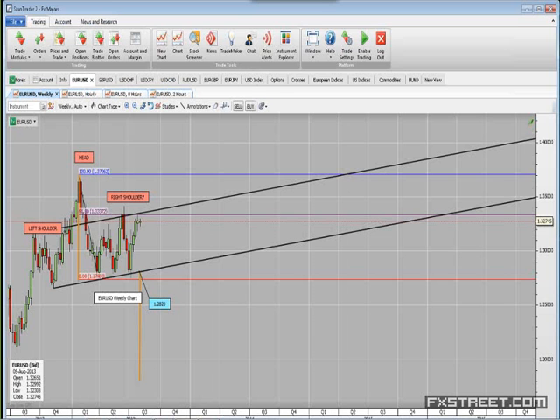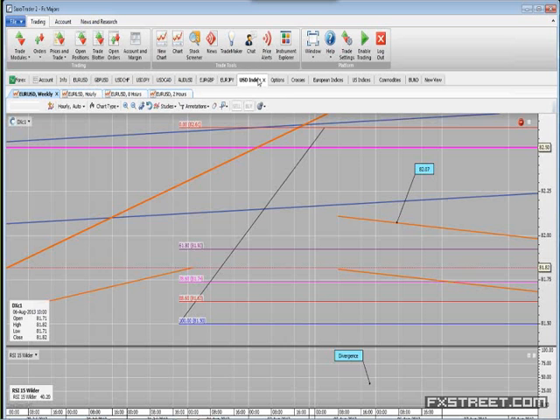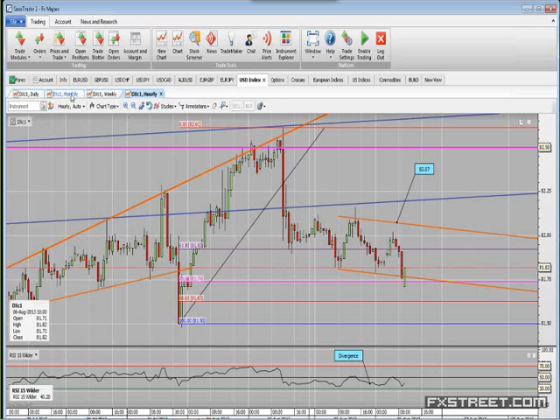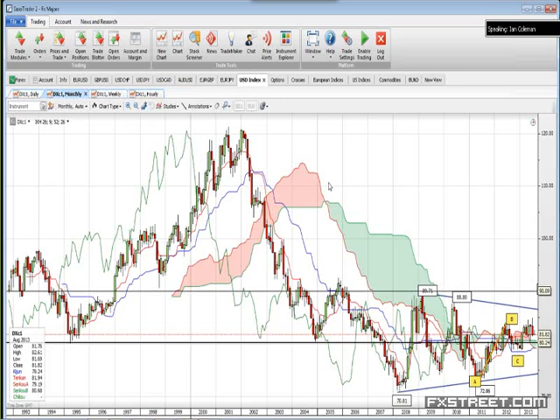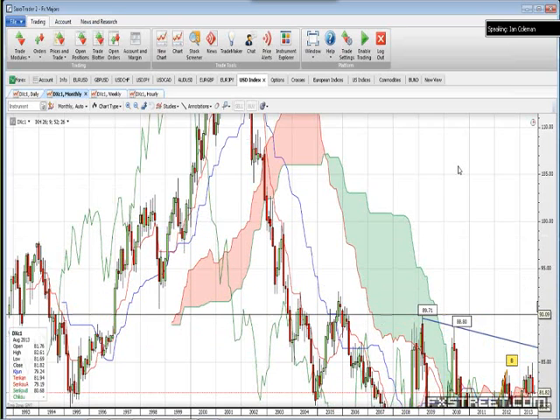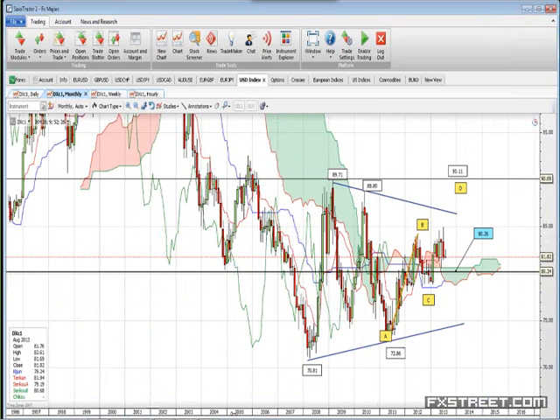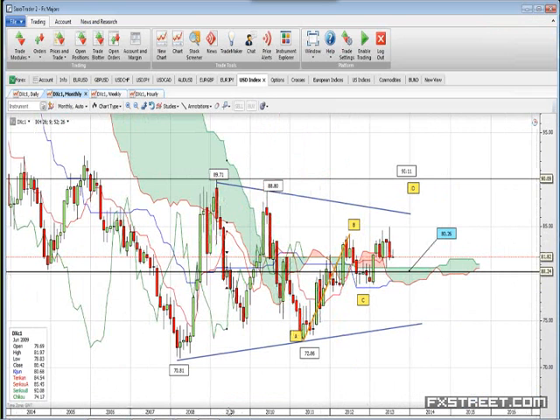So, sorry, dollar index. I'm going to show you this first, because this is the monthly chart. I think this is very relevant. Again, I would never expect somebody to trade off a monthly chart, but it gives us a bias.